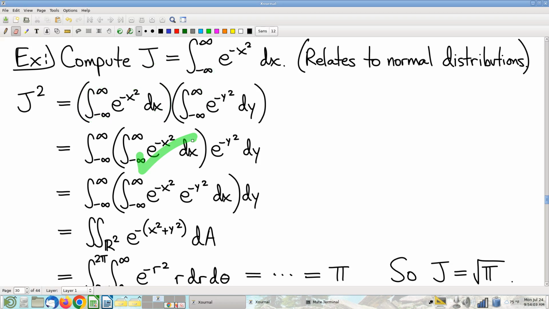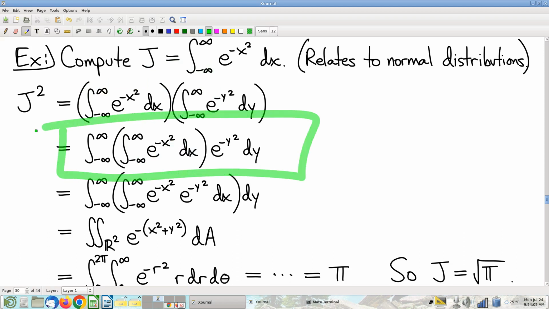Now let's look at this expression right here, and let's ask, for the purposes of the inside integral, what can I say about this formula right here, e to the negative y squared? Well, remember, as far as the inside integral is concerned, the outside variable, in this case y, is a constant.